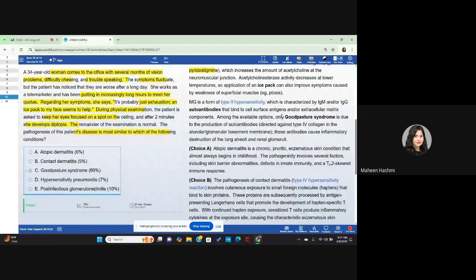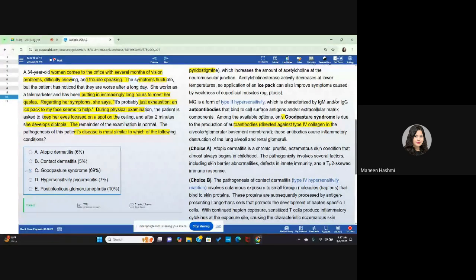Goodpasture is kind of like myasthenia gravis. Why? Because we have the production of autoantibodies against type 4 collagen. That's very important. It is kind of like hypersensitivity type 2. It is against the alpha 3 chain of type 4 collagen. So how I remember it is 2-1-4, which means type 2 hypersensitivity, alpha 1 of the 4th collagen.